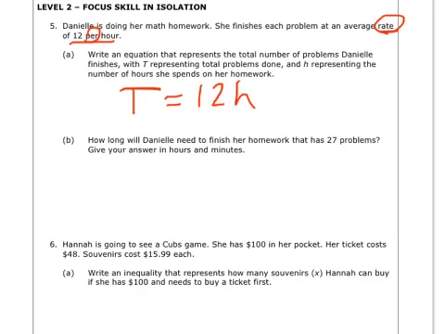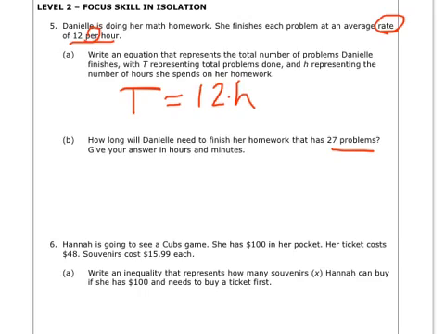You have to think, okay, what's going on in this problem each hour that I add on? And if it's the case where you're going up by 12 every time, that's when multiplication is going on. Okay, so that's part A. Part B is going to go back to the problem. How long will Danielle need to finish her homework that has 27 problems?